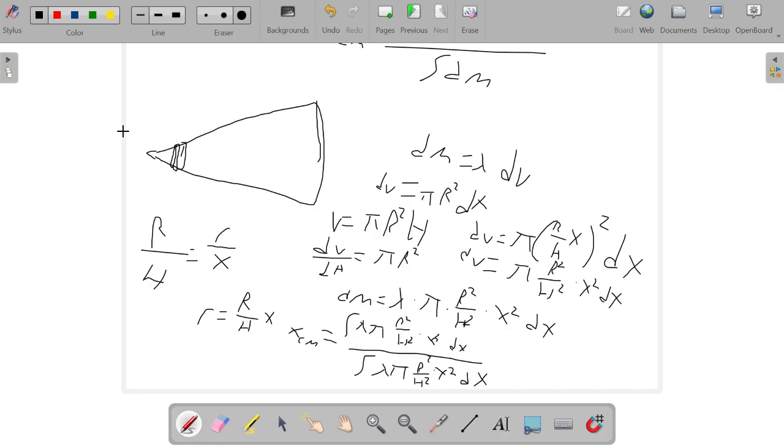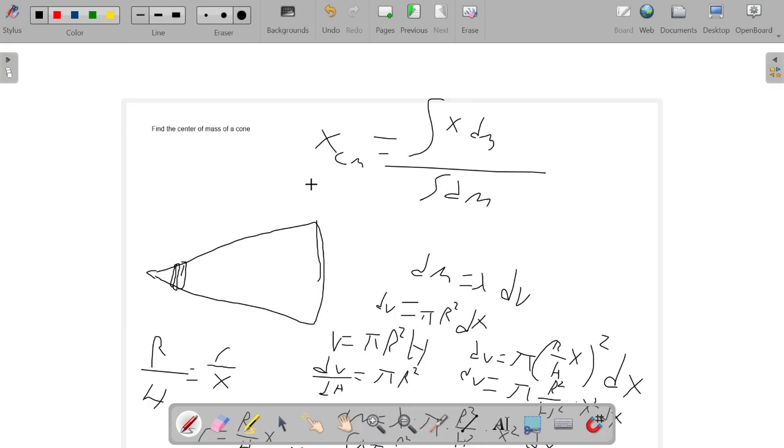And for the bounds of integration, it's going to be from 0, because this point's 0, to h, the height of the cone.